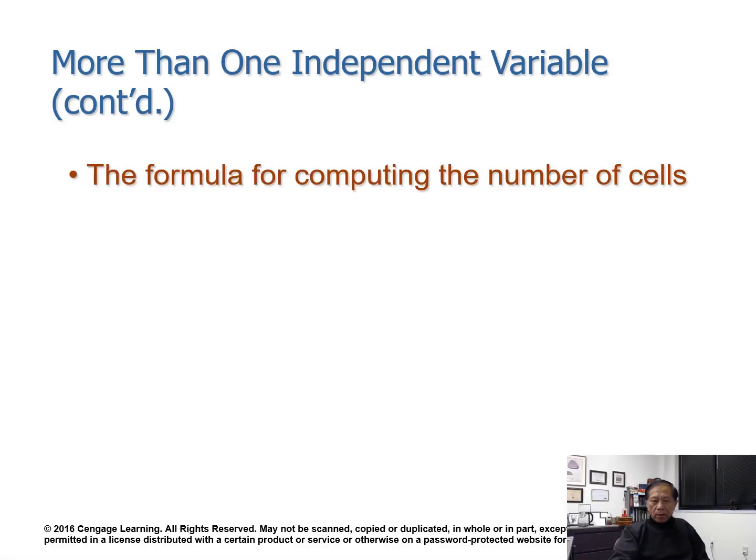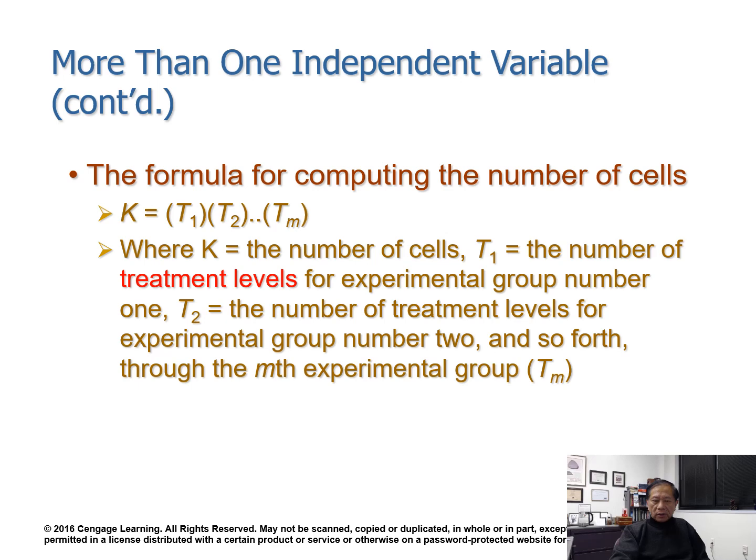The formula for computing the number of cells is K, the number of cells in an experiment, equals T1 times T2 times T3 and so on until Tm, where K is the number of cells you need to have, T1 is the number of treatment levels for experimental variable number 1, T2 is the number of treatment levels for experimental variable number 2, and so forth through the m-th experimental variable, Tm.